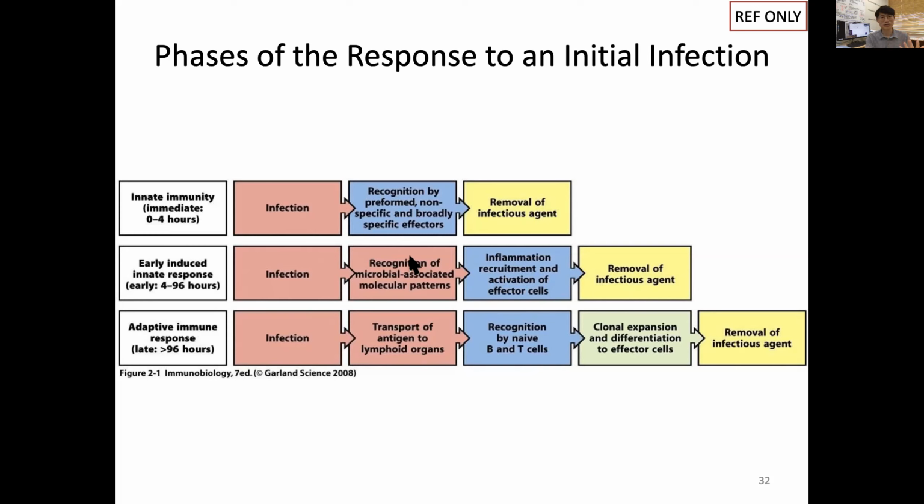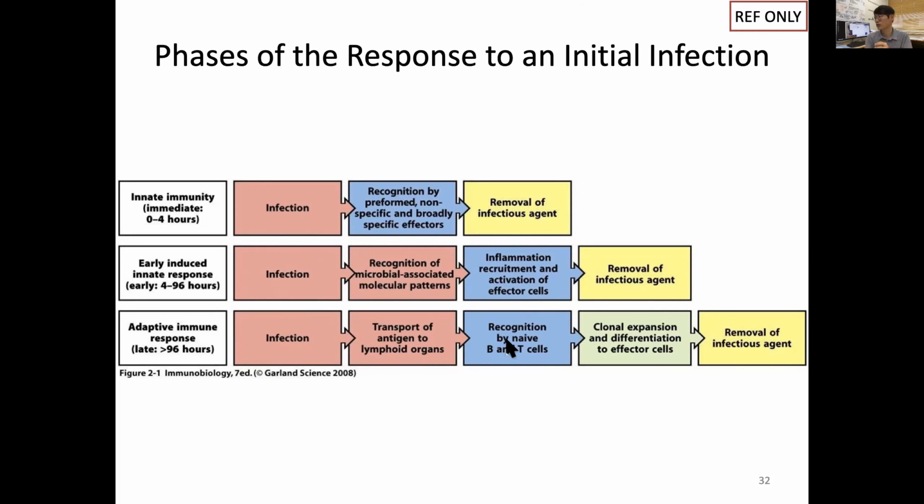And now after several days, let's say more than 96 hours, about a week or after, the adaptive immune response will take part. The infection and transport of this antigen go to the lymphoid organs such as lymph nodes, and there is a lot of naive B cells and T cells, and some of them will recognize this specific antigen.